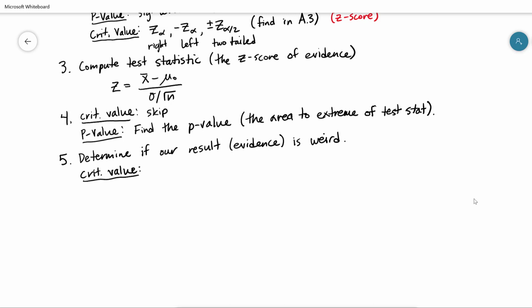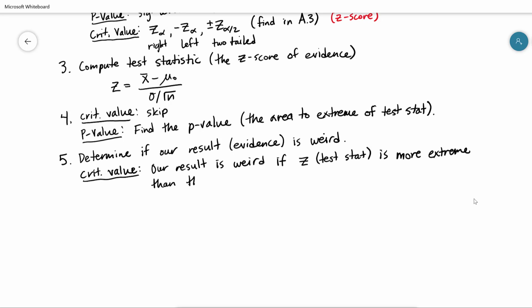So our result is weird if the z-score that we found for the test statistic, our test stat, is more extreme, again using this word extreme, than the critical value.